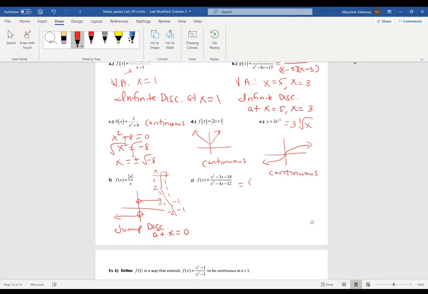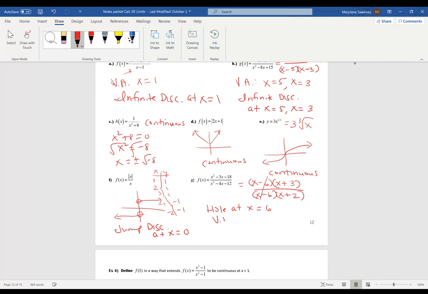Okay, and for this one, we're going to factor. We always have to factor to see if anything's going to cancel. When I factor that, the x minus 6 cancels, which means I have a hole at x equals 6.